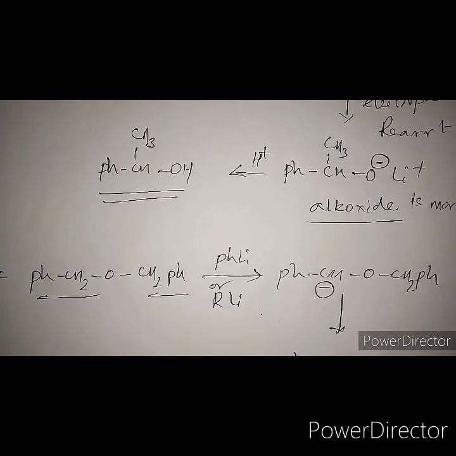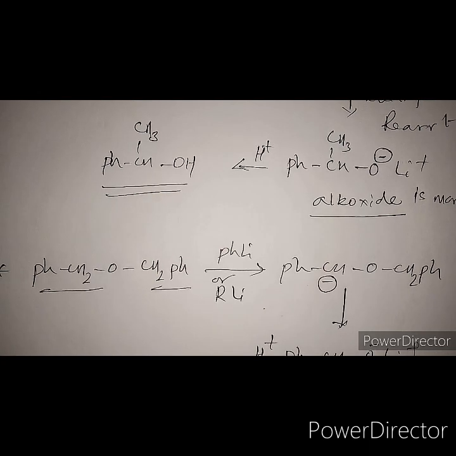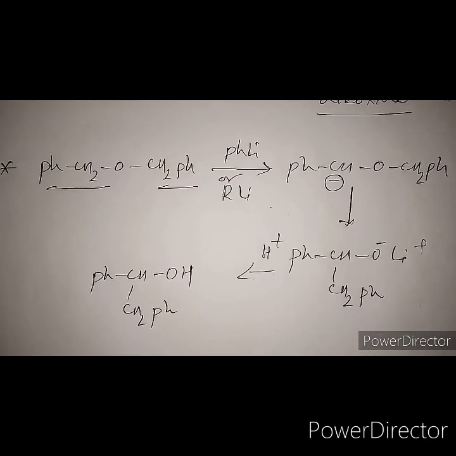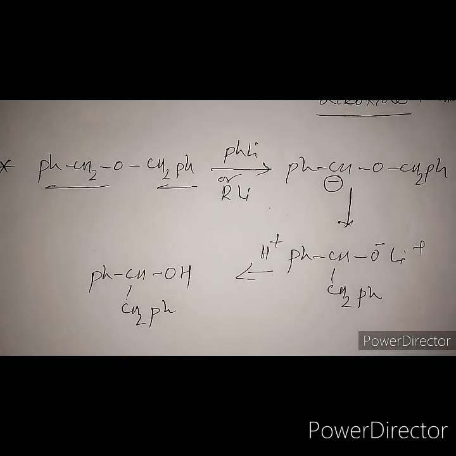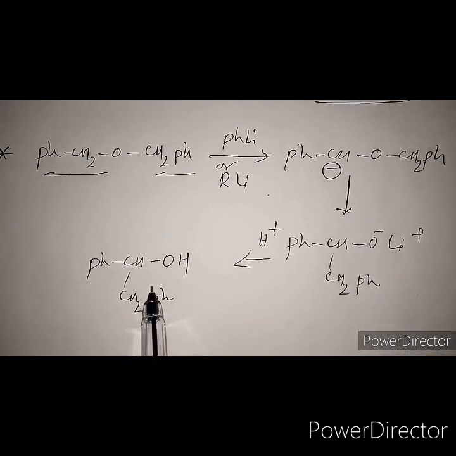This will undergo a rearrangement reaction, CH2Ph O minus lithium plus, acid workup, you will get Ph2CHOH. So by using an acid workup, we will get this.